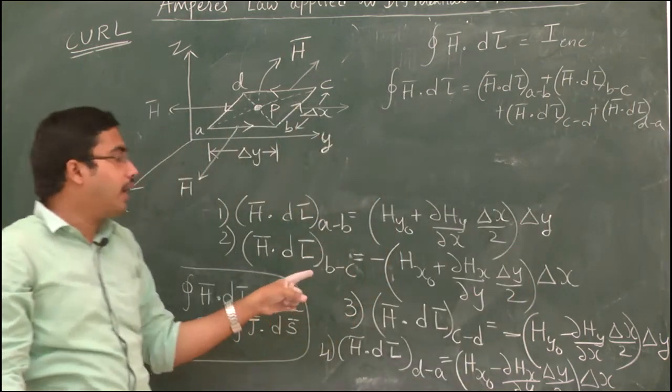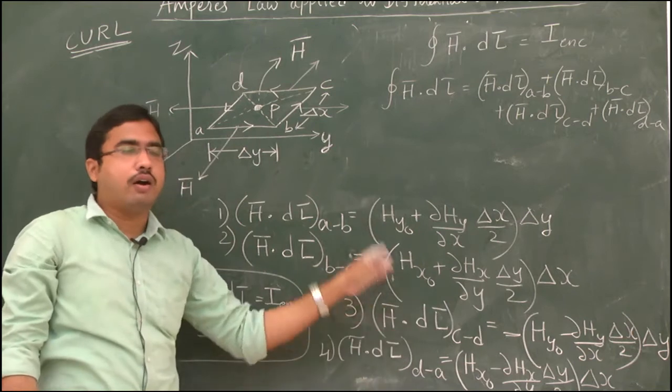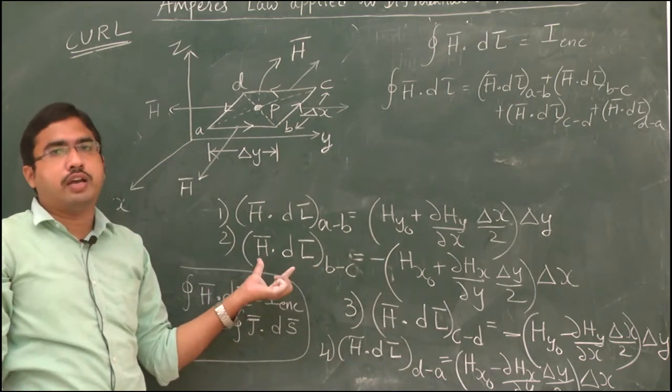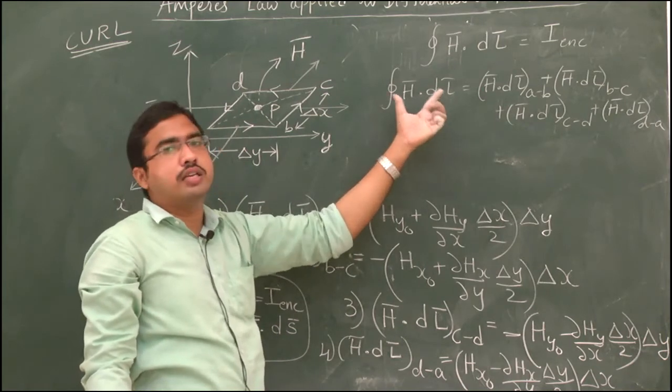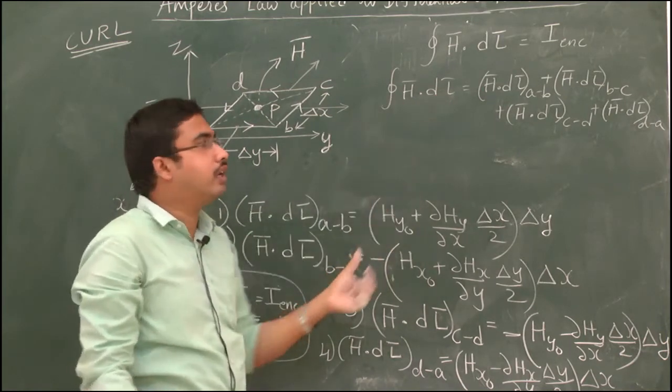So already we have calculated all the paths' h bar dot dl bar values. Substitute them here, you will get the complete closed integral value of h bar dot dl bar.